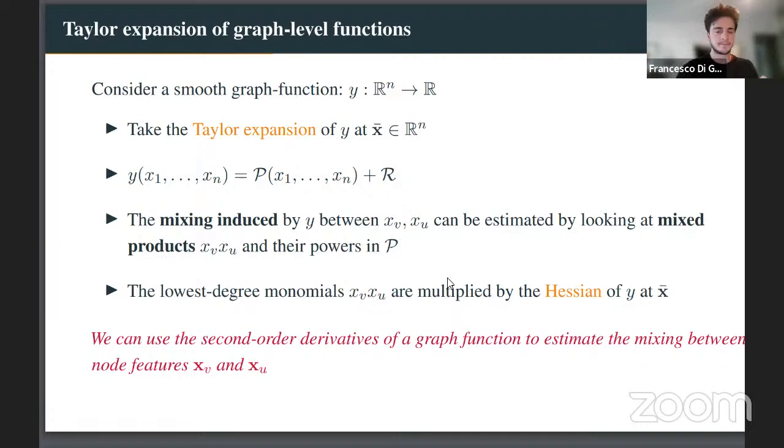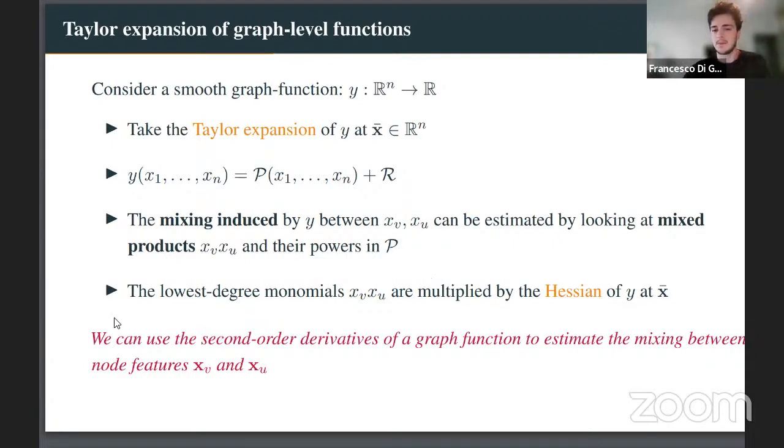powers in p. Now, mixing here is a terminology that basically means I'm looking at the type of product interactions between two variables, right? This is connected to effectively how nonlinear, especially if I'm looking at powers, this dependence between xv and xu is with respect to the function y. But of course, this is not surprising.